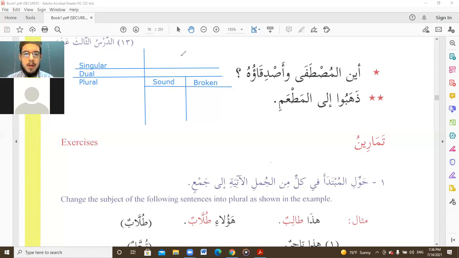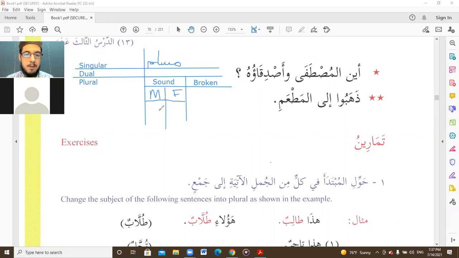So if we had, for example, Muslim was our example in the singular, then the sound plural is, depending on the gender, is either going to be Muslimun or Muslimat. Okay, we said that the sound plural is further divided into sound masculine and sound feminine forms, right?